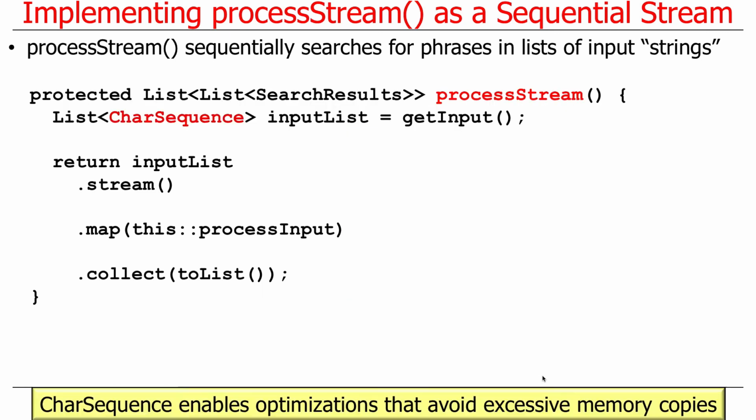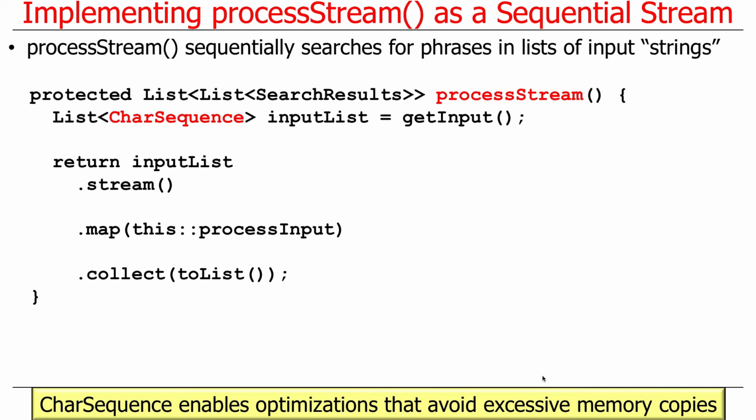Here's the processStream method. What it's going to do is get input, which will be a list of character sequences. So each play, each work in Shakespeare is represented as a character sequence. A character sequence is the base interface of string.